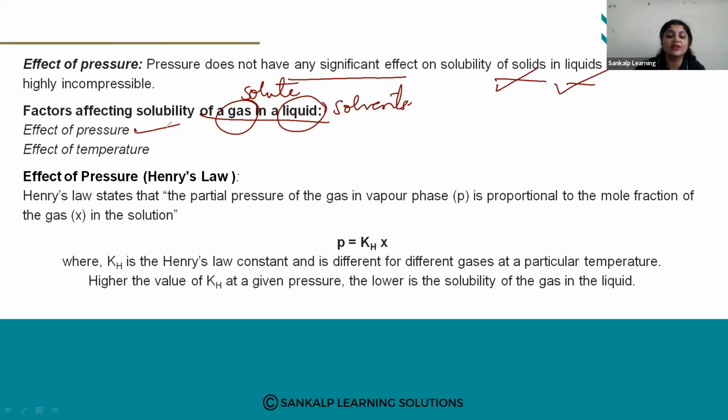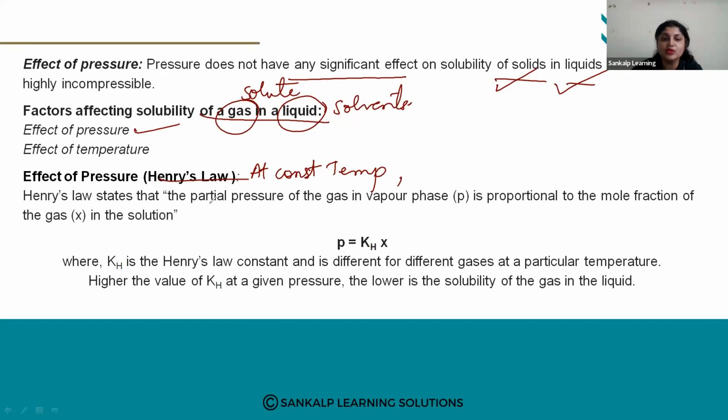This relation is given by Henry's law. When you're applying pressure to the gas molecules, it is given by a law called Henry's law. So what does Henry's law state? Henry's law states that at constant temperature, the solubility of a gas in a liquid is directly proportional to the partial pressure of the gas.